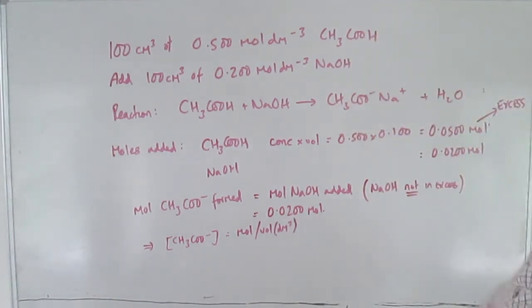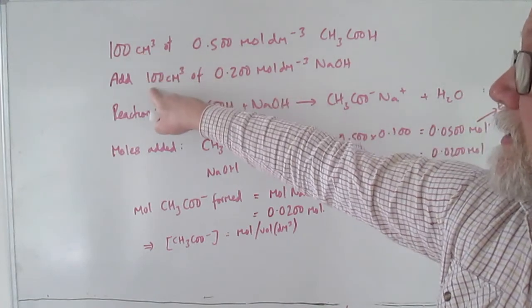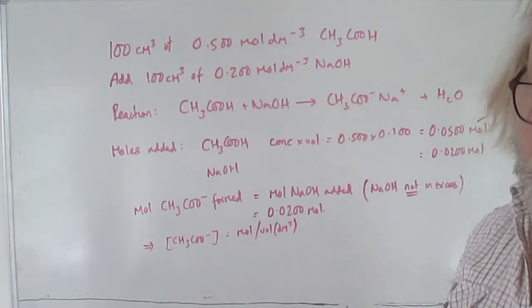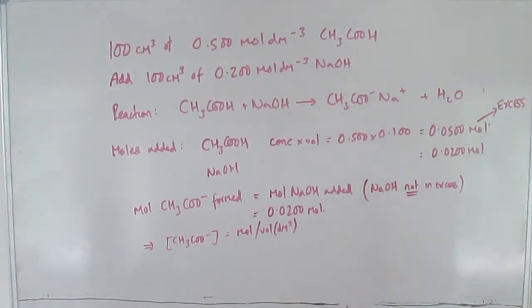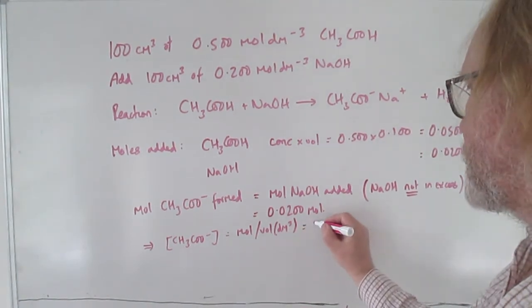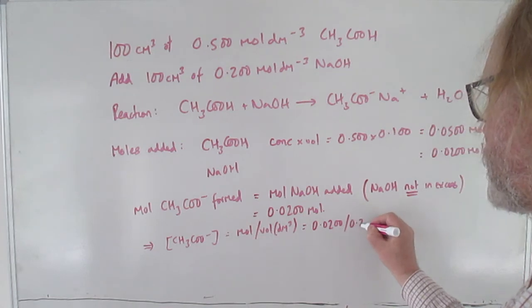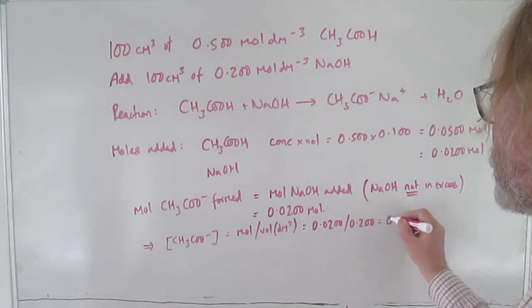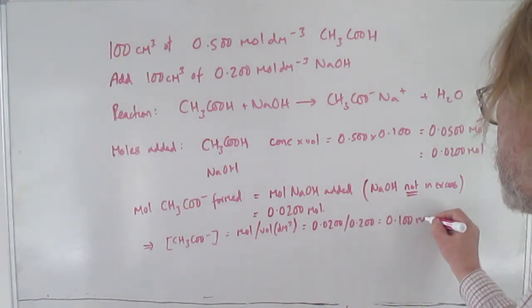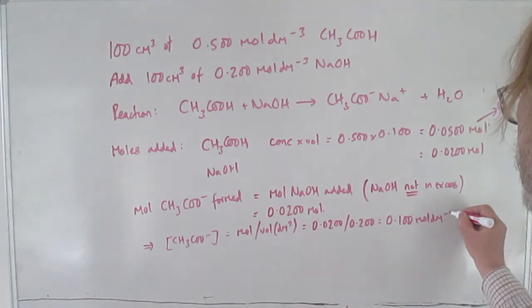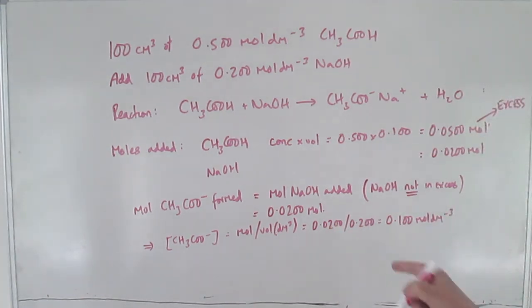The total volume is 100 cm cubed plus 100 cm cubed, because we mixed 100 cm cubed of each, so it's 200 cm cubed. So that's 0.02 moles divided by 0.2 dm cubed, which is 0.1 moles per dm cubed. So that's what the concentration of ethanoate will be in our buffer solution.